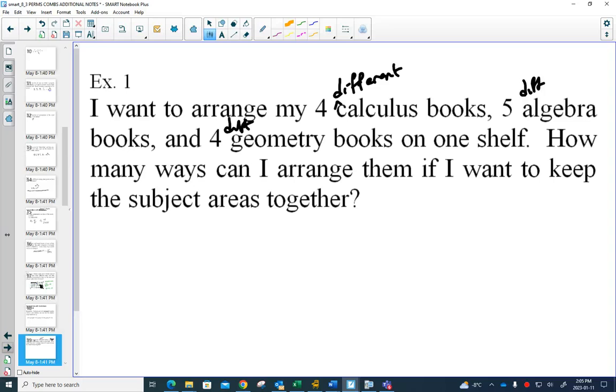So if I'm organizing these books on a shelf, and I want to keep the different subjects, calculus together, algebra together, geometry together, first I do my groups. And I have 3 groups, so that's my first decision that I make. And in that decision, there would be 3 factorial ways of doing how many groups.